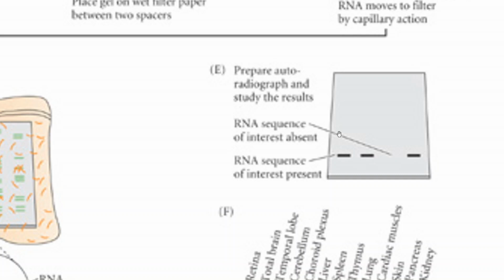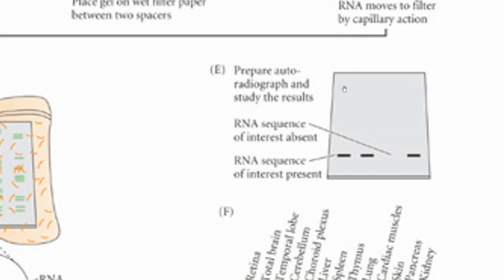Well, we know from this image that samples 1, 2, and 4 have bands that hybridize to the probe, but not sample 3.